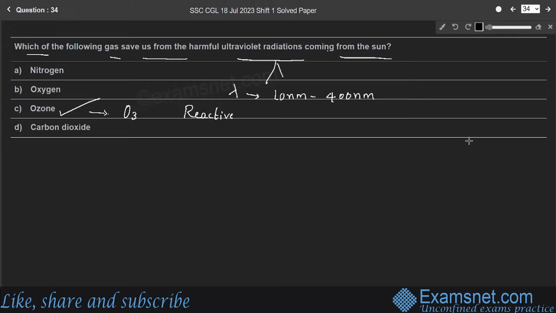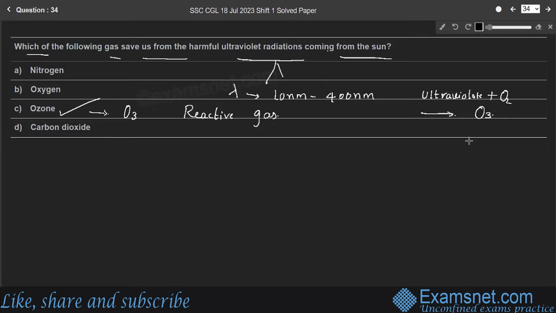When ultraviolet radiation is absorbed by oxygen in the atmosphere, it forms the ozone layer.